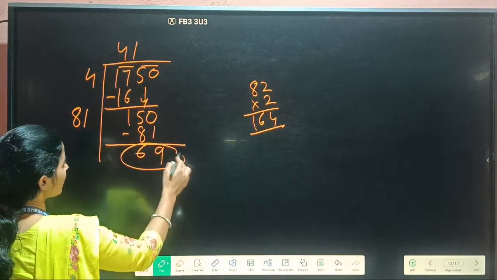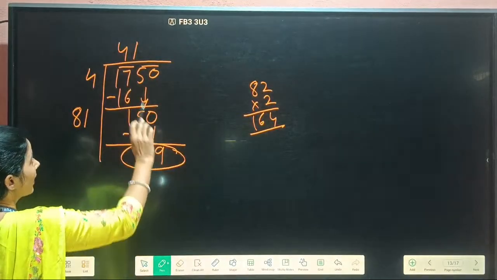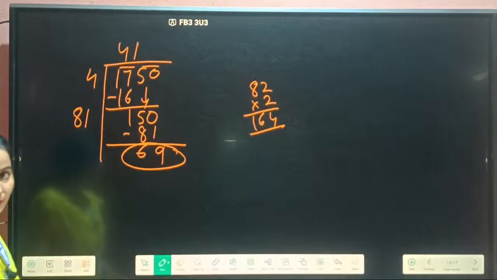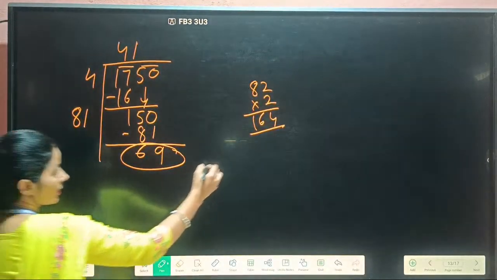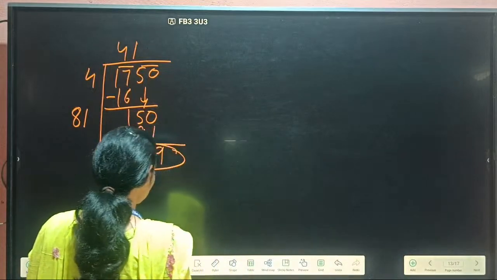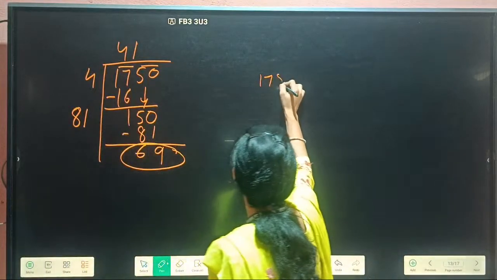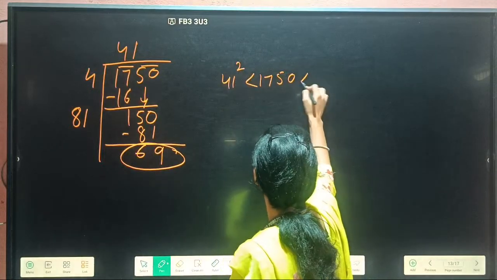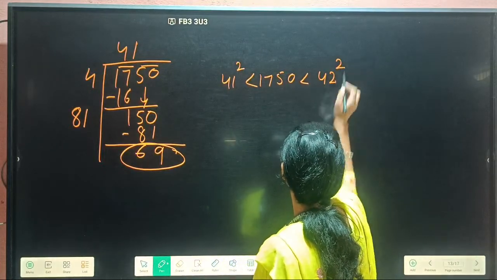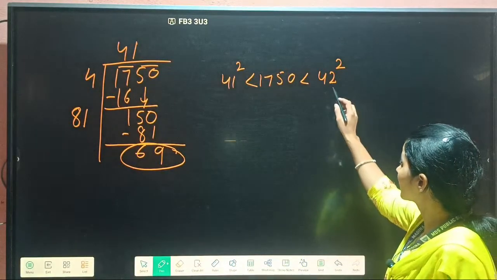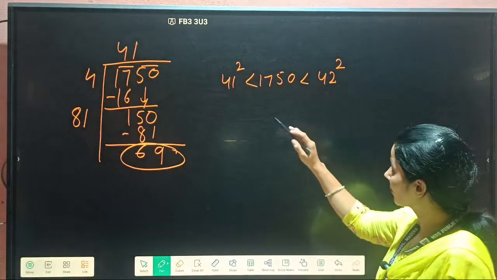This is the remainder. It is not a perfect square number, and its square root will be more than 41. Means 1750 is greater than 41 square, and it is smaller than 42 square. So what number must be added?